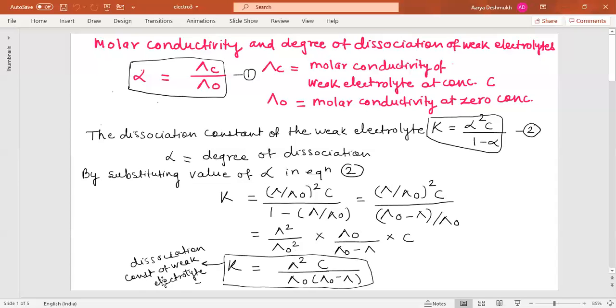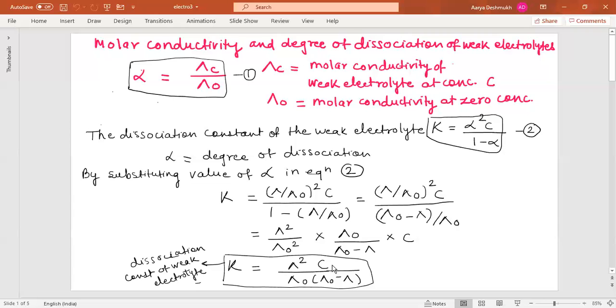Now the dissociation constant of the weak electrolyte, denoted by capital K, you can write the same thing in this form also. There is lambda 0 square and lambda 0, so you can cancel out, and you are left with only one lambda 0.